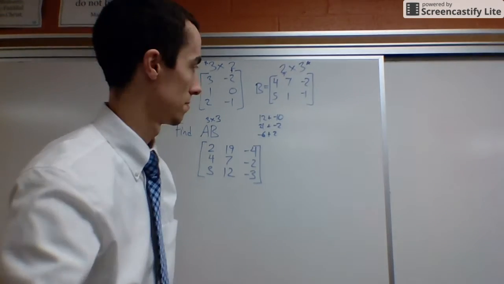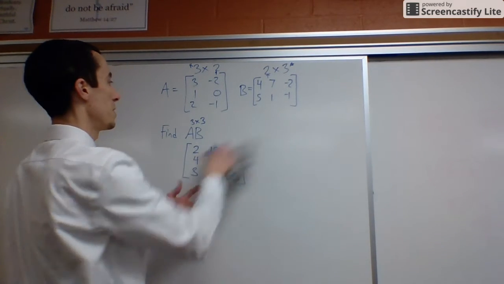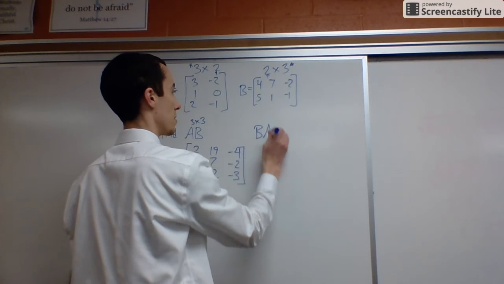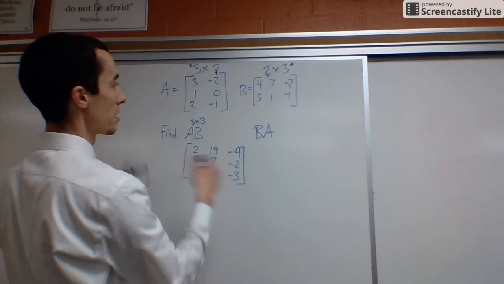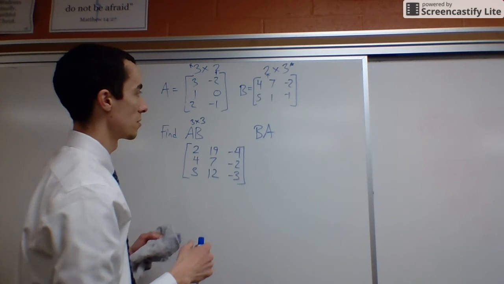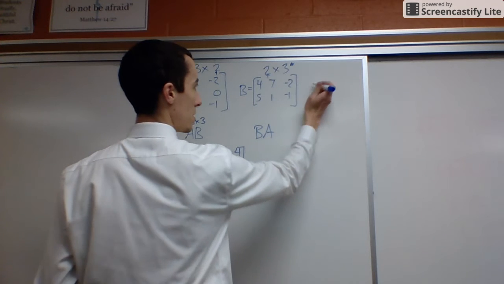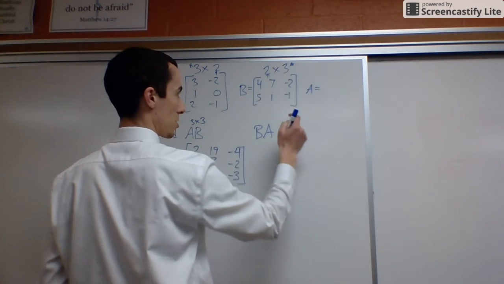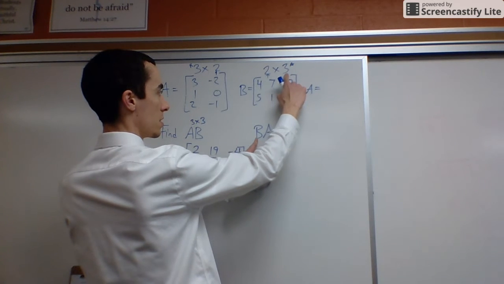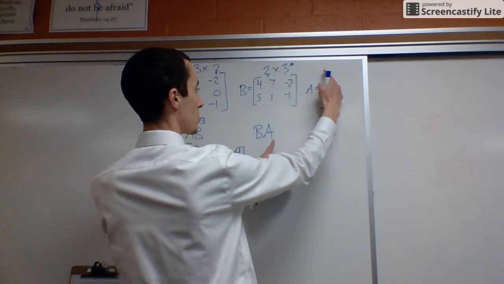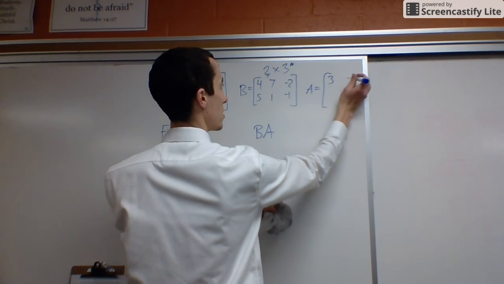Next up, our product, BA. So now we're doing B times A. When we're multiplying with matrices, remember, we need to make sure that the columns of the first matrix match up with the rows of the second matrix. So the second matrix, let me just rewrite this.